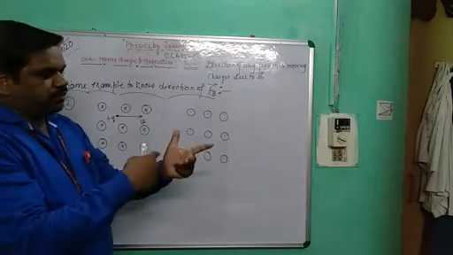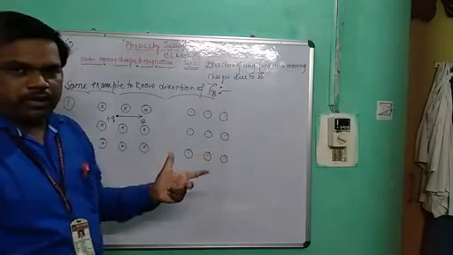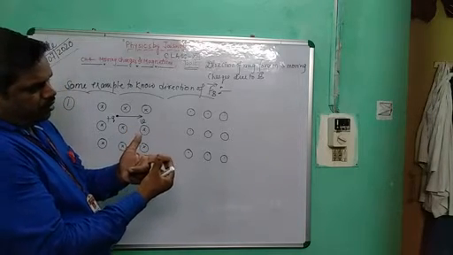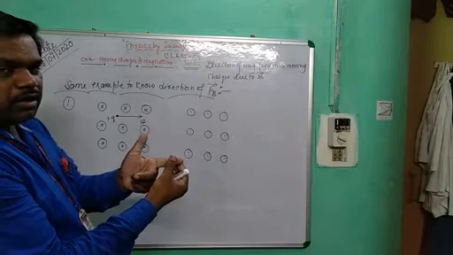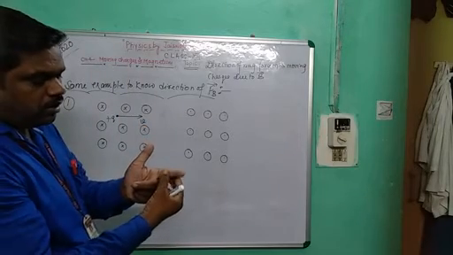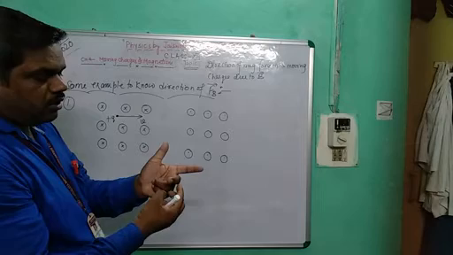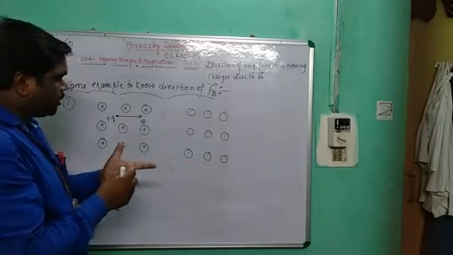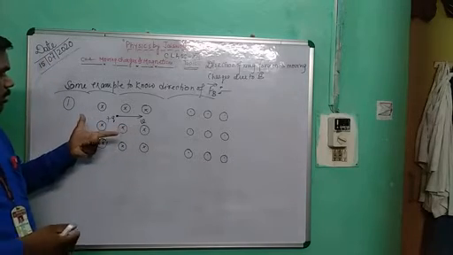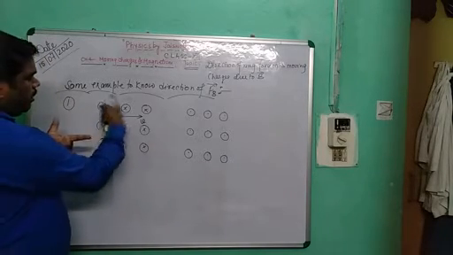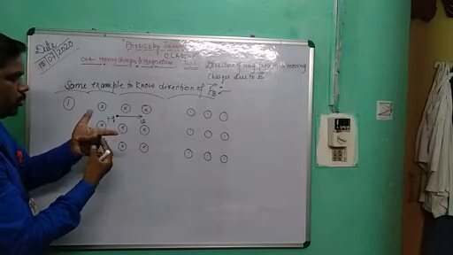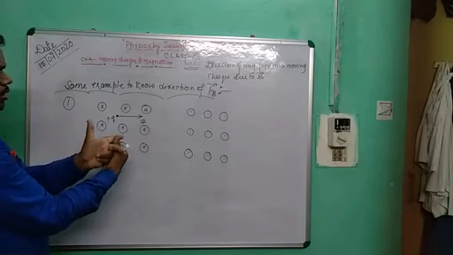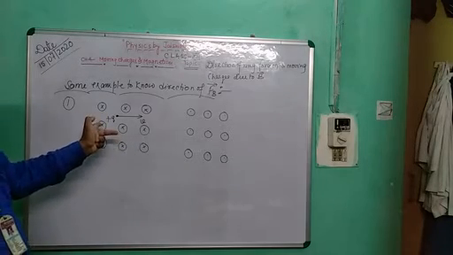Stretch all these three fingers in such a way that they are mutually perpendicular to each other. According to Fleming's left hand rule, the forefinger gives the direction of B, the middle finger gives the direction of V, and the thumb will be F. So let us point out as per this question. This is B, and here B is inside, so rotate the forefinger so that it points inside.